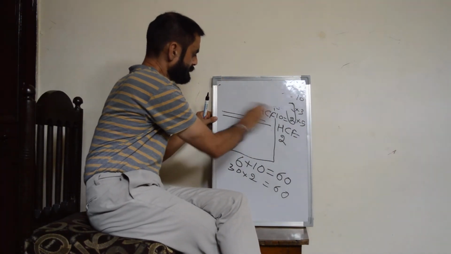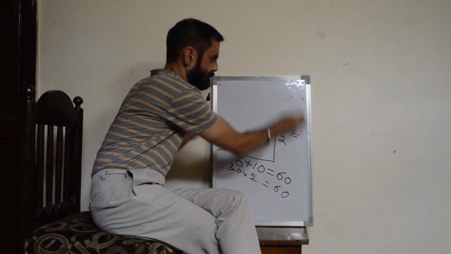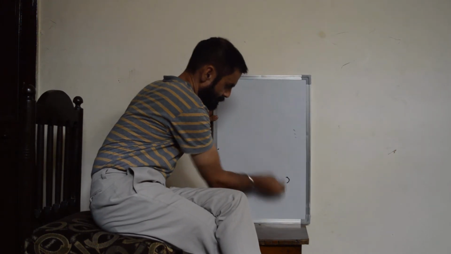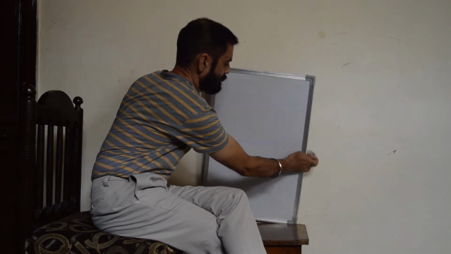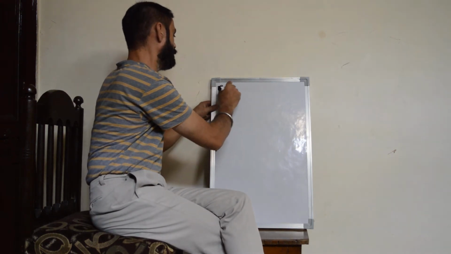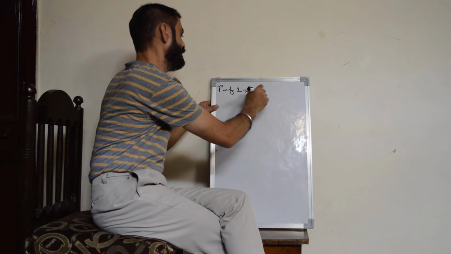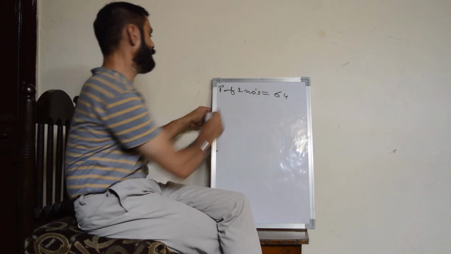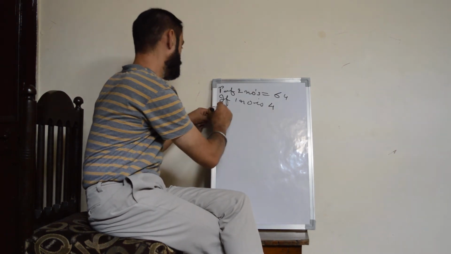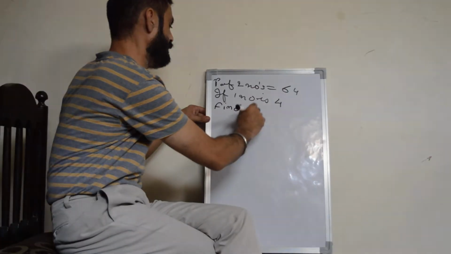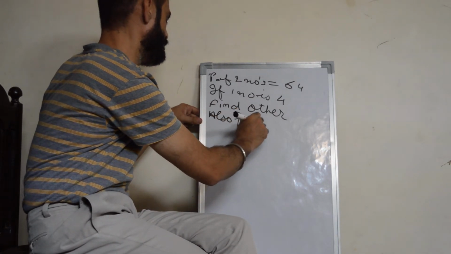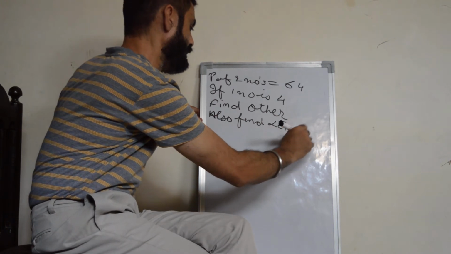Let me clean the board first. Suppose it is given that the product of two numbers is 64, if one number is 4, find the other, also find LCM and HCF.